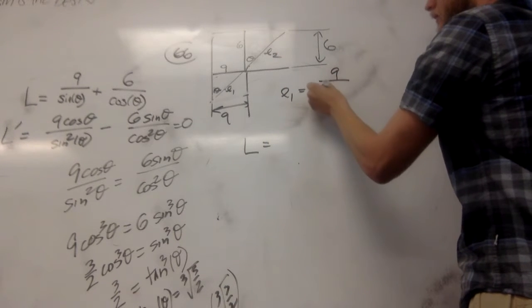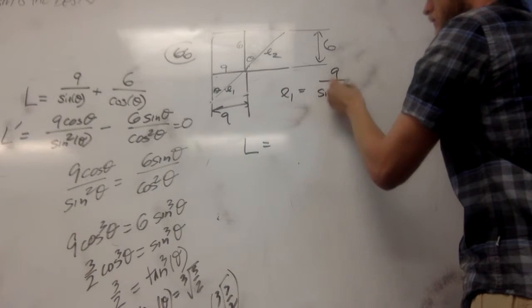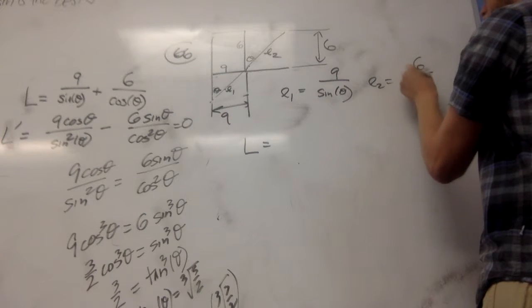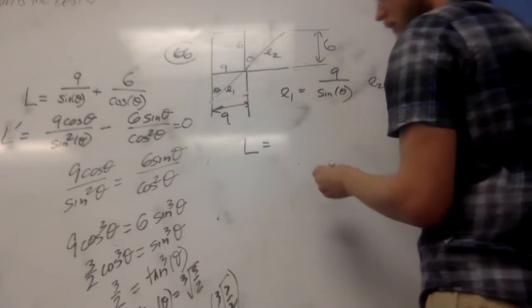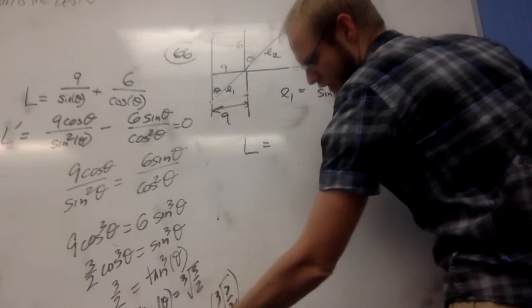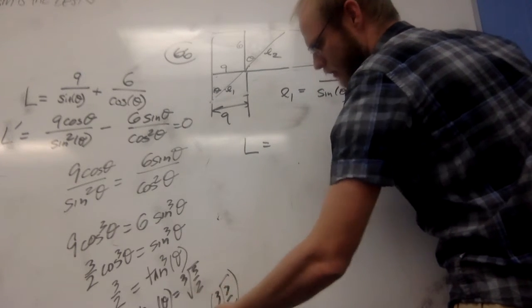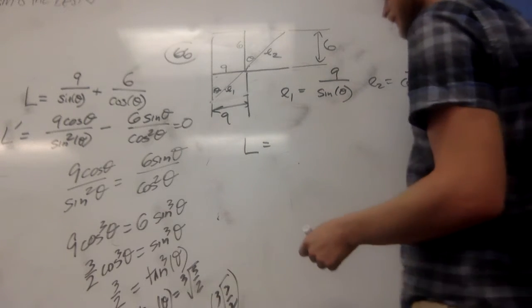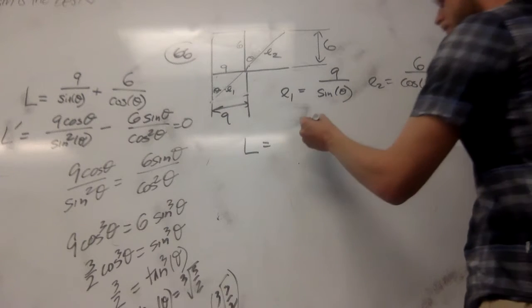Length is equal to L1 plus L2, and L1 was 9 over sine theta, and L2 was 6 over cos theta. So probably what you're going to do is actually find a number for this, right? That's what I hope you do. Actually find the angle in degrees, and use a calculator and stuff like that. But I'll just write the unsimplified version here.